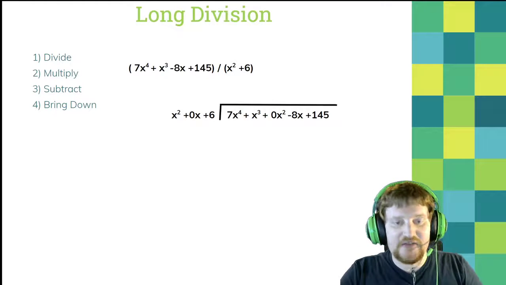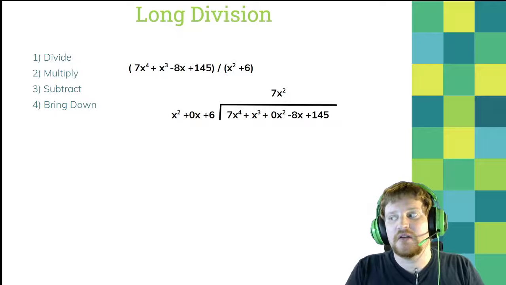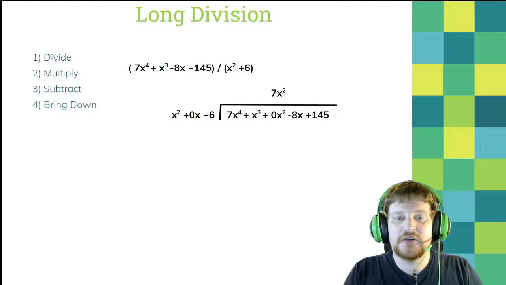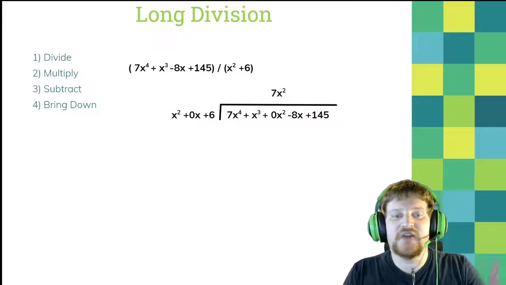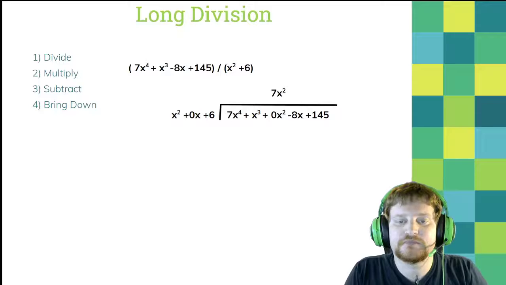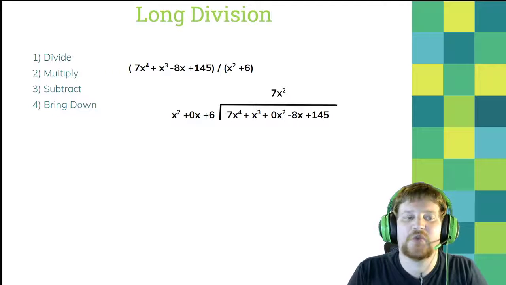So we need 7x squared, and by multiplying that by x squared, you get 7x to the 4th. So that's our divide step. We figure out what we need to multiply our first term by to get that equal to the first term that we're looking at. In this case, 7x squared.